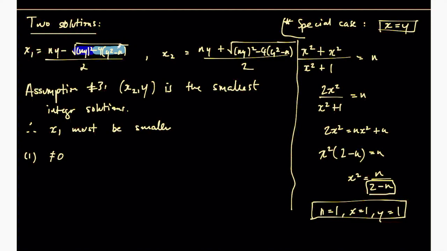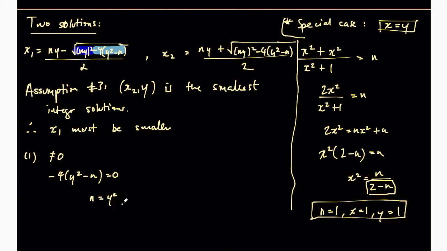How could that be equal to 0? Well, let's write this down. We would say negative 4y squared take n equals 0. How could that equal 0? The only way this can equal 0 is if n equals y squared. But remember our first assumption, n is not a square number. So this can't happen.